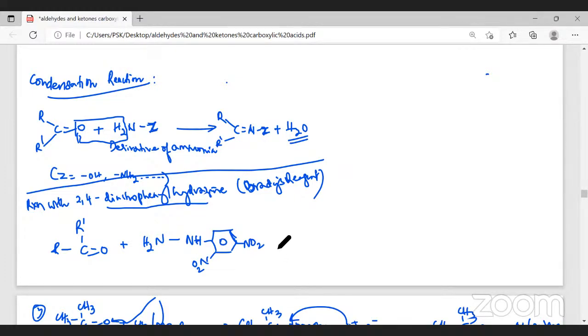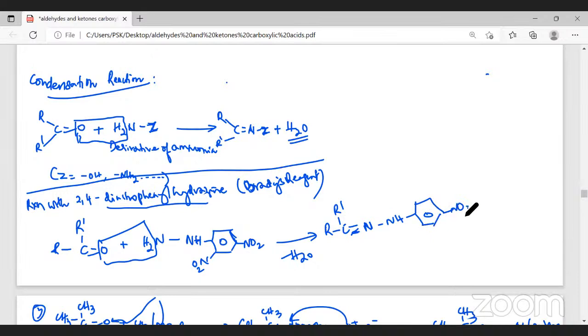Now, when you allow this to react with an aldehyde or ketone, what happens? H and OH get eliminated as water. So what is left? You have R, C, R dash, double bond N, single bond NH, a benzene ring.